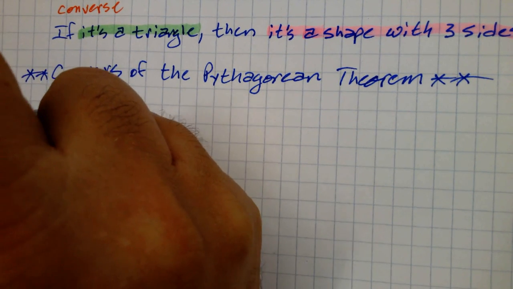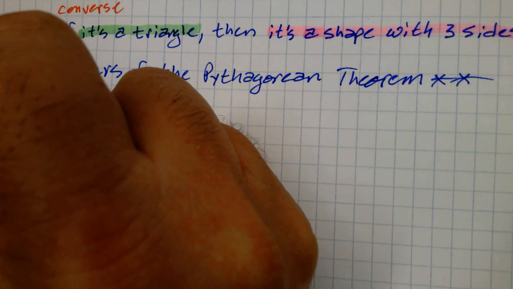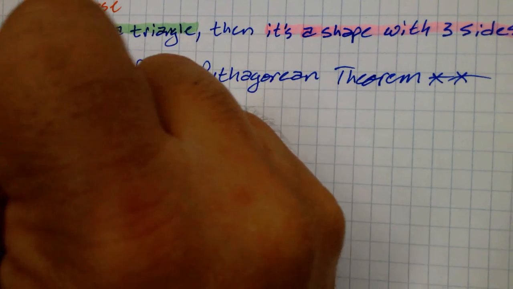If, let's just say a squared plus b squared equals c squared.